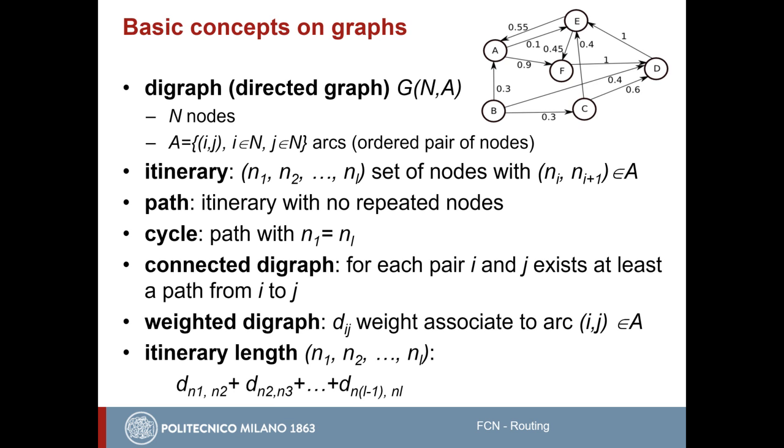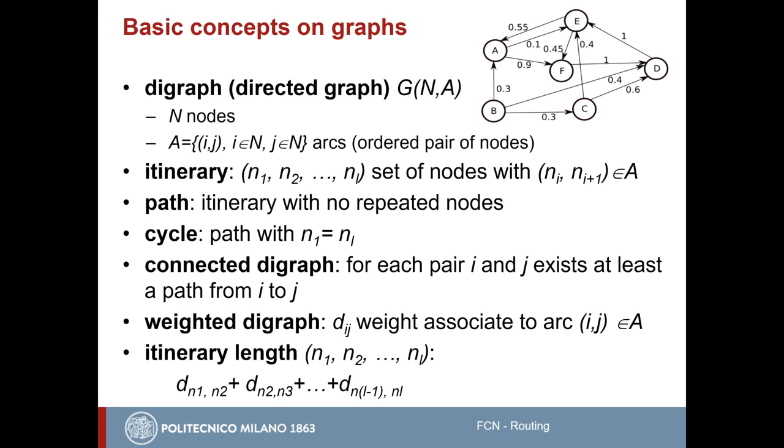A connected digraph is a graph where each pair of nodes has a path connecting the source to the destination. So for each pair of nodes, there is at least one path from node i to node j.